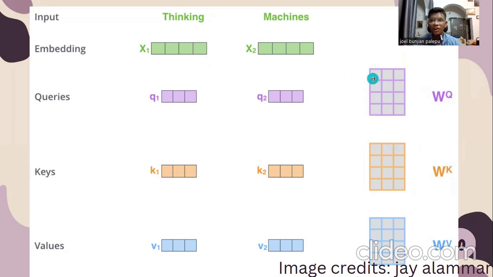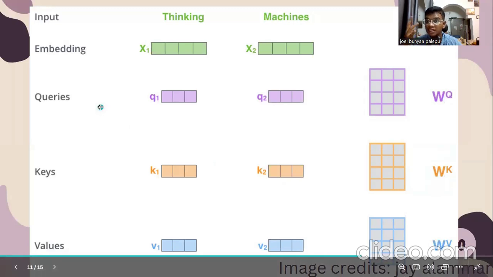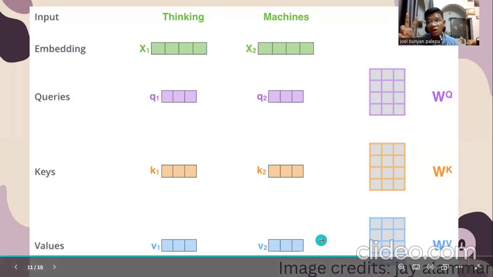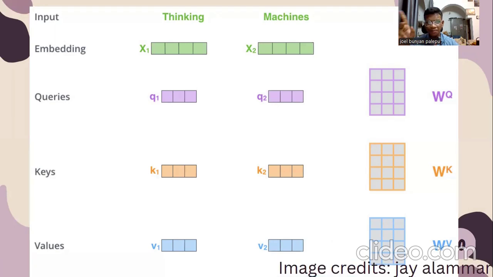We're going to have weights which are WQ, WK, and WV. We are going to multiply x1 and x2 with these three weight matrices, for each embedding, and we're going to get three outputs: q1, q2, k1, k2, v1, v2 for the two inputs, let's say two time states, two time points.